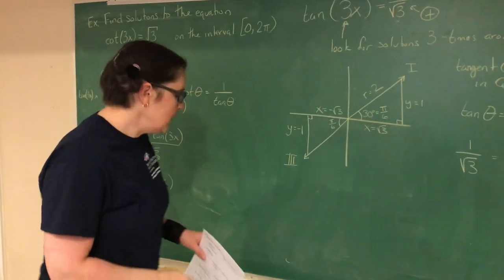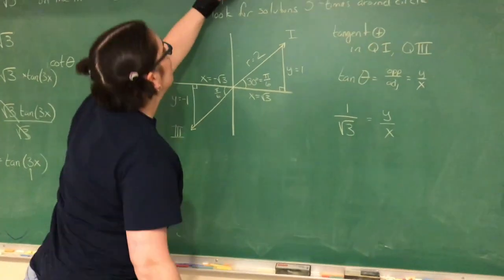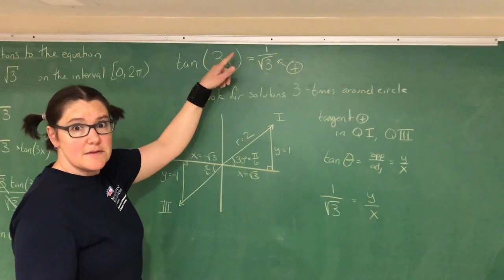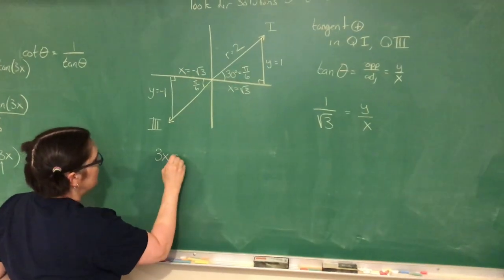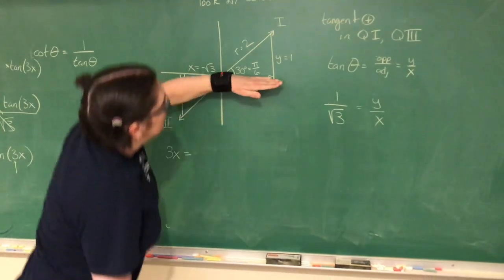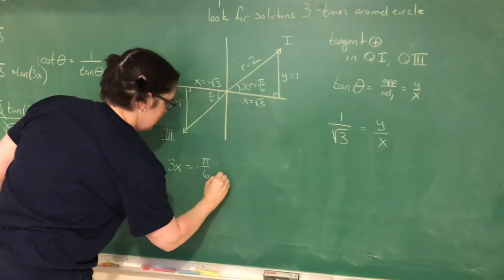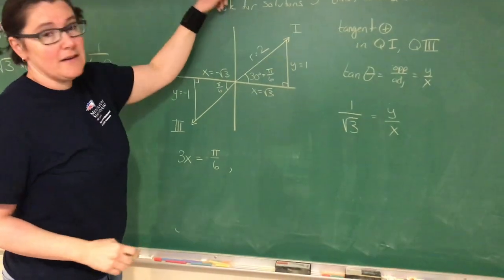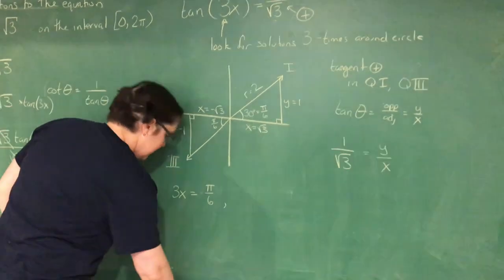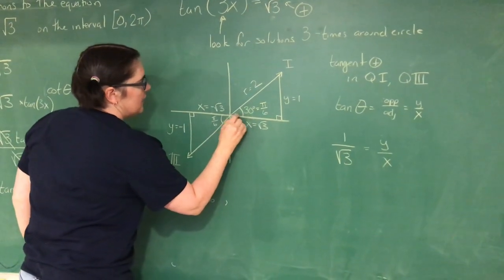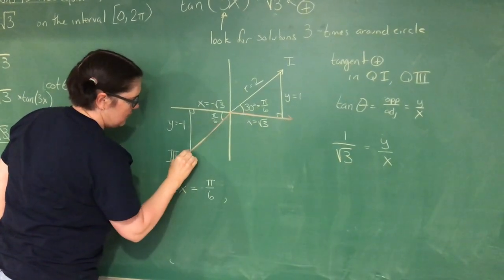Okay, so now we want to think about possible values for the angle inside these parentheses. Okay. So 3x could be equal to, our first angle here is pi over 6, or 3x, the thing inside the parentheses, could be equal to this angle that starts on the positive x-axis and ends down here in quadrant 3.